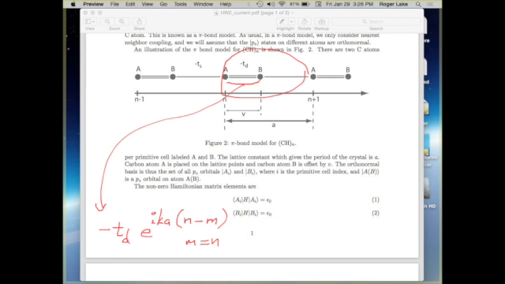If I want to show the lattice points, in this case we're choosing them to be A. So there's a lattice point, here's a lattice point, and here's a lattice point. Those are the lattice points. And then the basis: I have 2 atoms for each lattice point. So each lattice point consists of 2 atoms. There are 2 atoms associated with each lattice point.